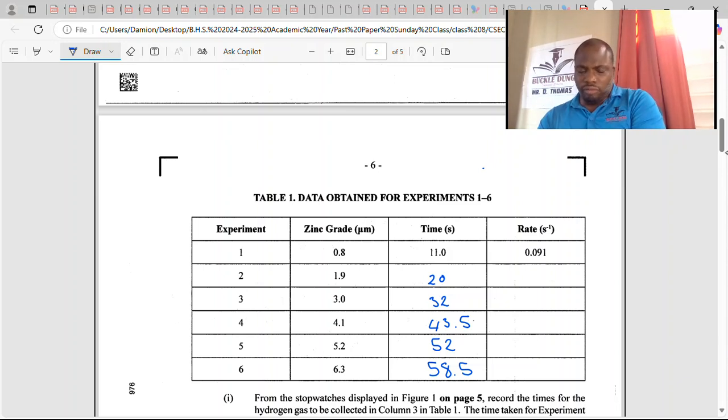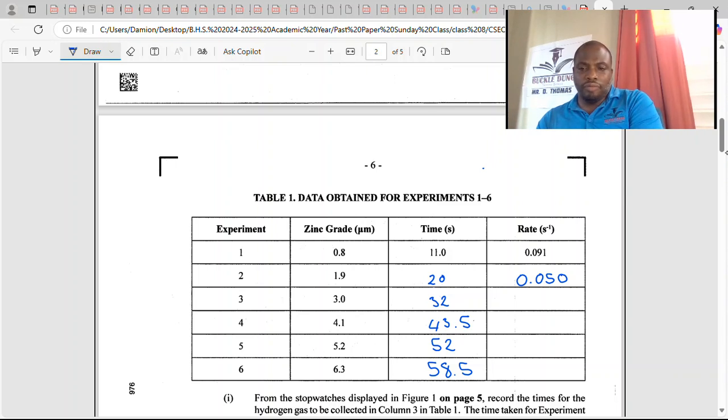Yes, sir. All right, so quickly do 20. 1 divided by 20 is 0.05. And would I say 0.050? Because there's 3 decimal places.